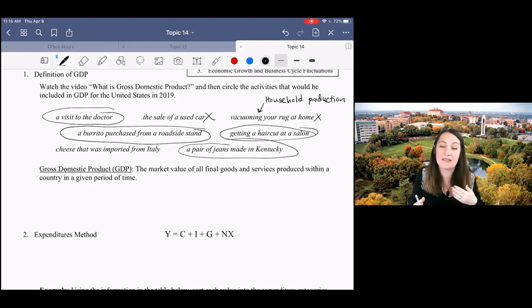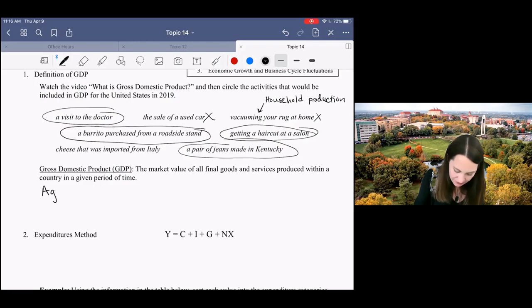Now we're getting a sense of what types of things go into our GDP calculation and what types of things are left out. But why does it matter? Why do we care about aggregate production? Well, we care about aggregate production primarily because we care about aggregate income.